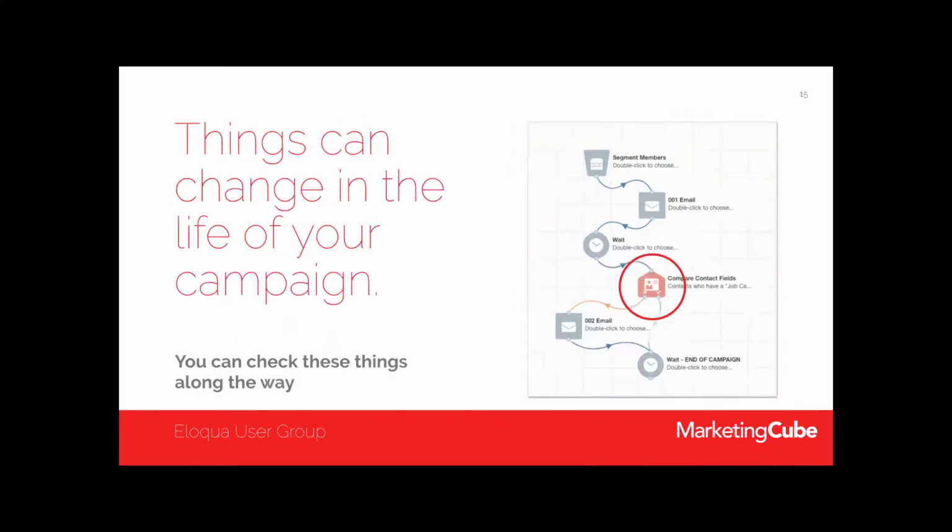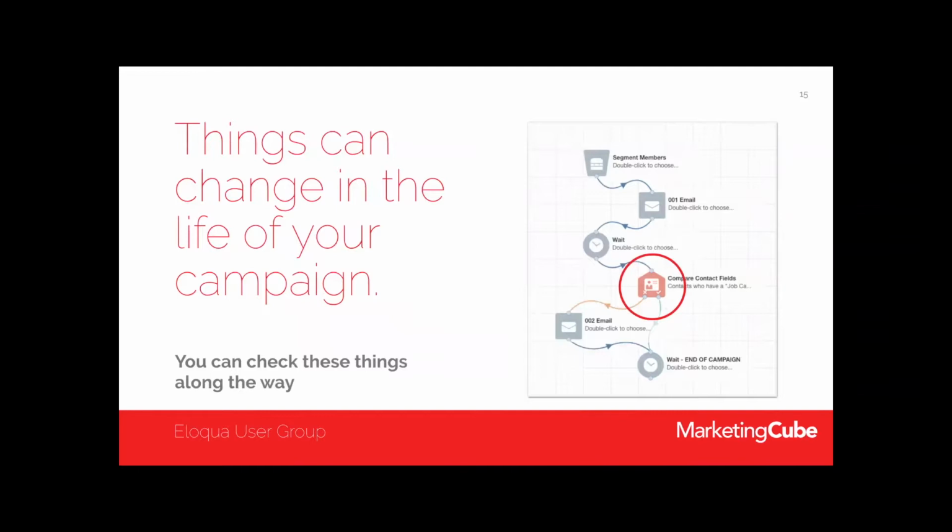There are other things that you can do to tap into some of that digital body language. And in the course of a campaign running, it's likely that things can change. So it could be that a person's job category is updated, or maybe their profile is enhanced to now include postcode or their geographical location, for instance. So you can check these things along the way, and by asking the question, you then potentially deliver a slightly different experience.